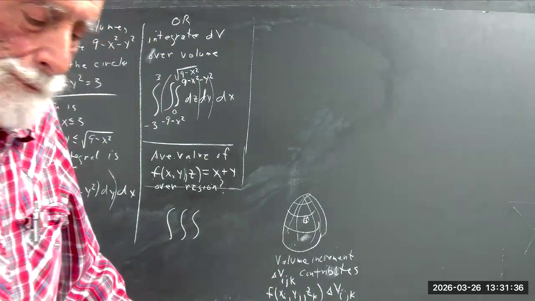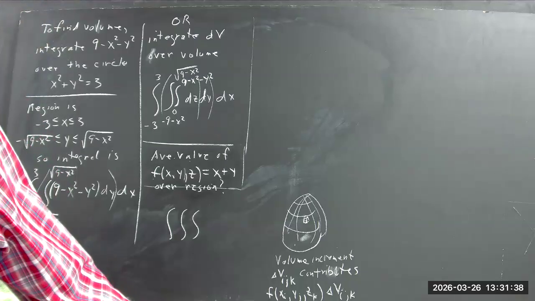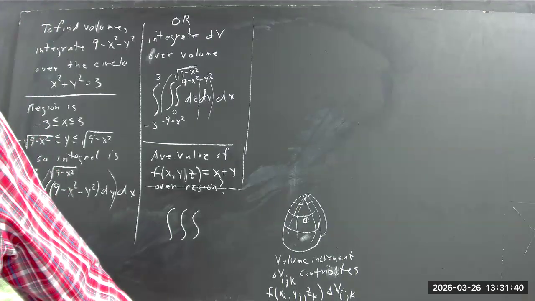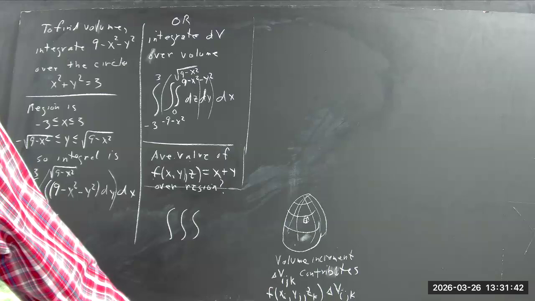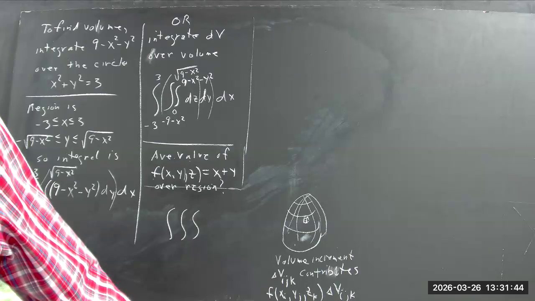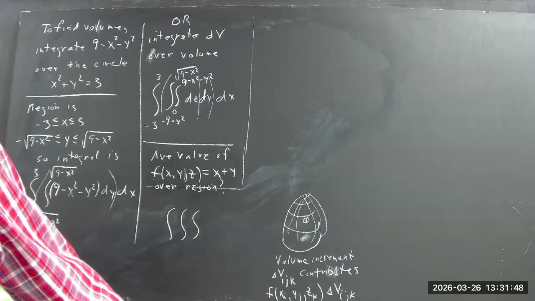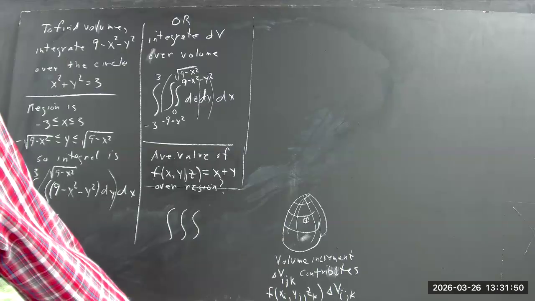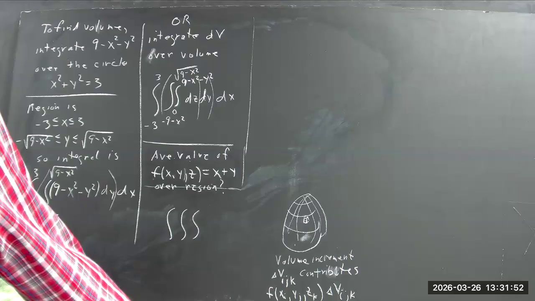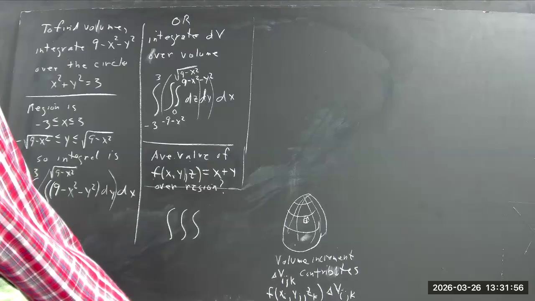Incidentally, in the AI summary from last time, I find that ChatGPT does not want to put IJK subscripts on your volume increment. Okay? I think I made a note in there.